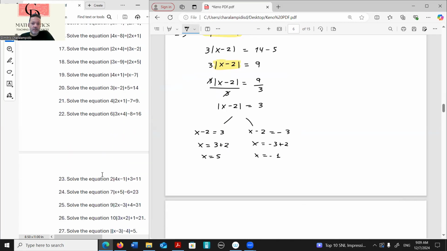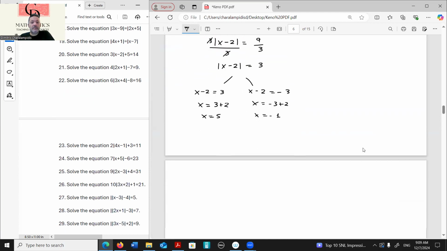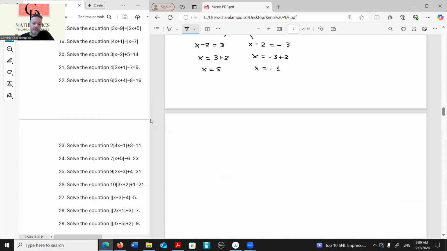Let's see what else we should do. Okay, let's try and do 27. Absolute value of x minus 3, minus 4, should be 5.